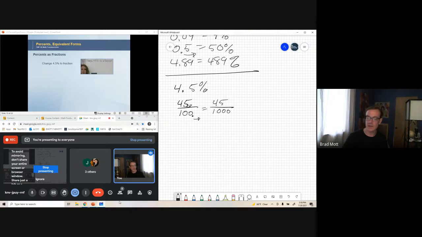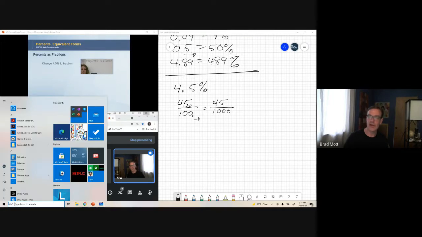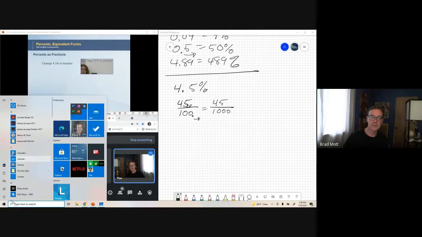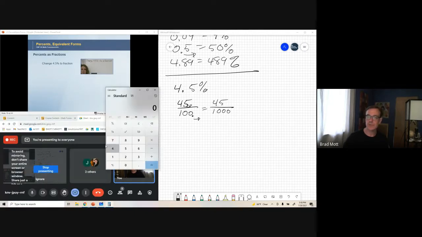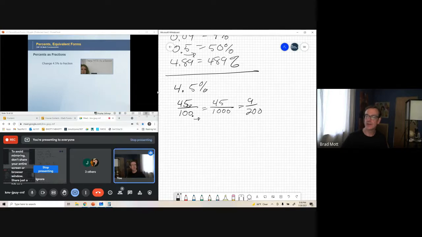And let's just make sure we're staying in the habit of simplifying things. 45 divided by, let's start with 5. That'll be 9, and 1,000 divided by 5, 200. So 4.5% is the same as the fraction 9 over 200.